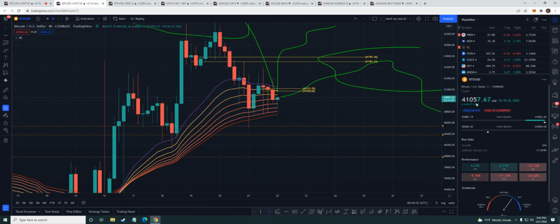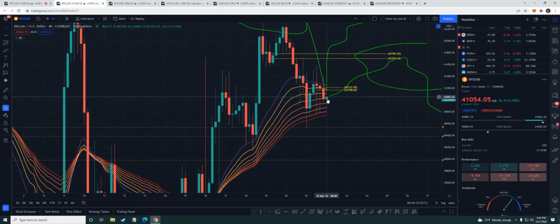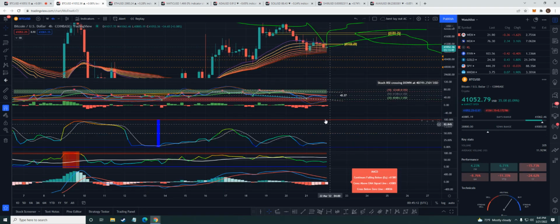But there's not much to go off of. We're only 45 or 50 minutes into this new daily and the new 4 hours. So, but I do like this candle so far. I do like the divergence. I like the RSI. I don't like the momentum coming down. Well, we'll have to see, guys. We'll have to see how this plays out.